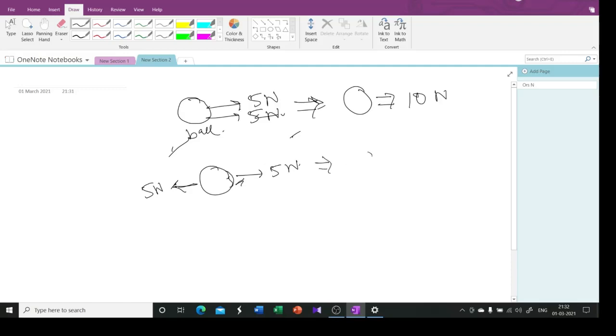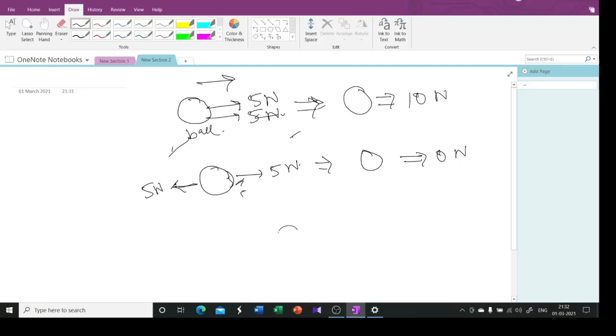The net force on the ball is now equal to 0 Newton. So the same 5 Newton force, when you applied it in this direction, added up to 10 Newton, and when you applied it in the opposite direction, it subtracted from the existing force. So now the net force is 0 Newton. So you are seeing why the direction is important.